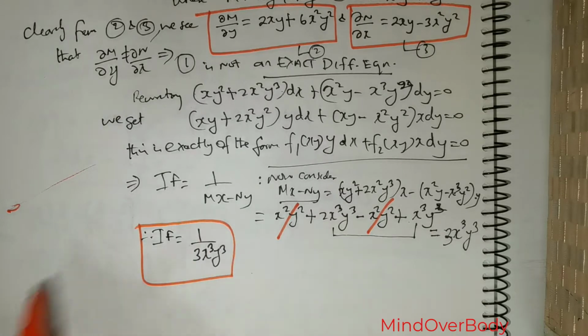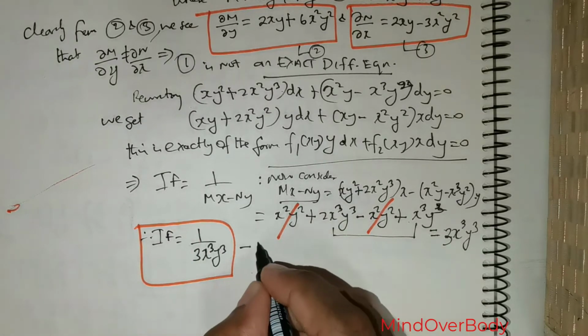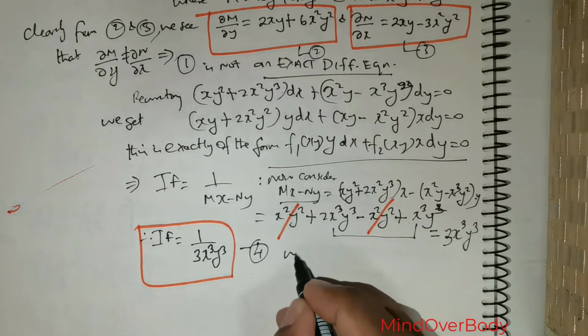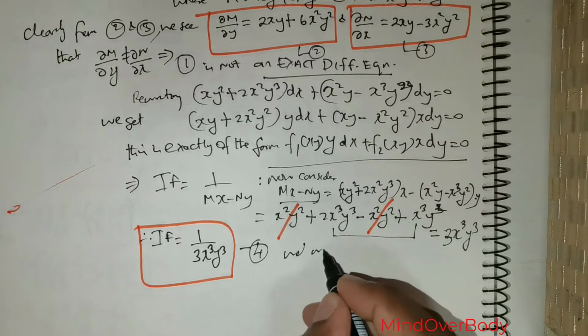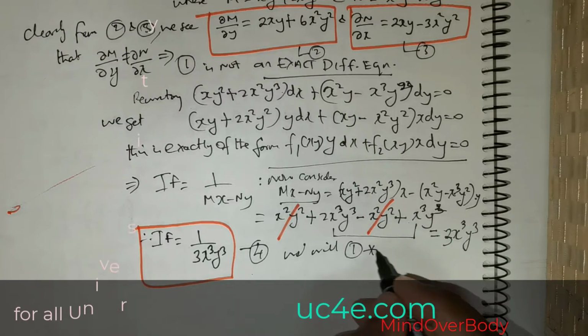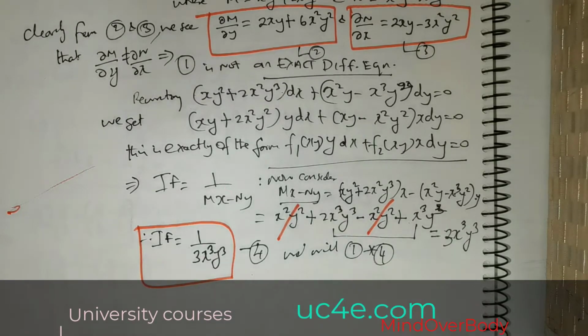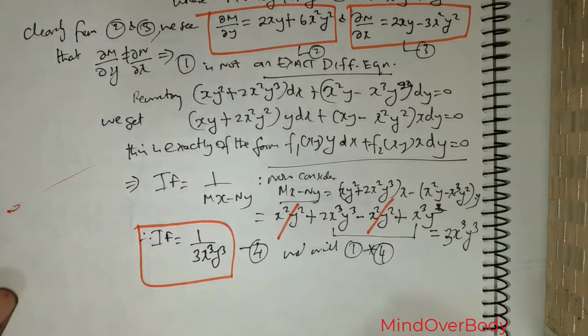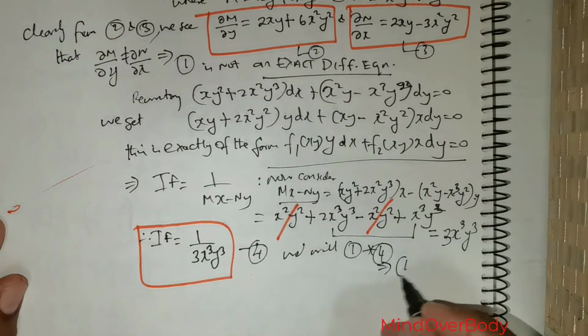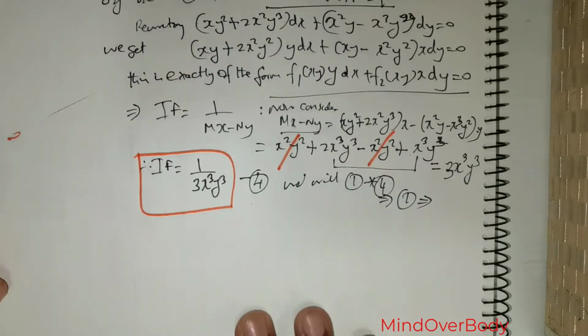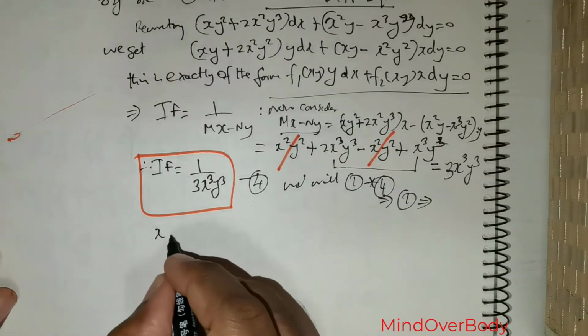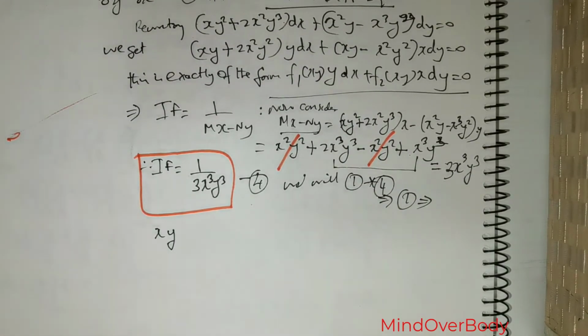If I take this as equation 4, we will multiply 1 by 4.